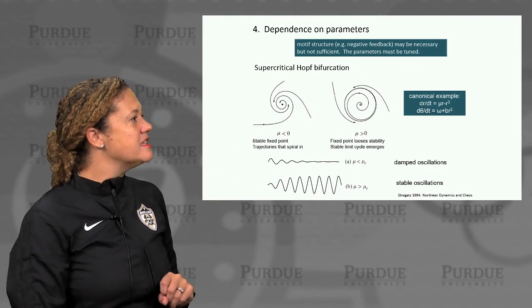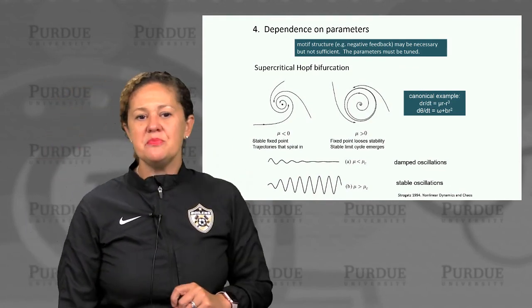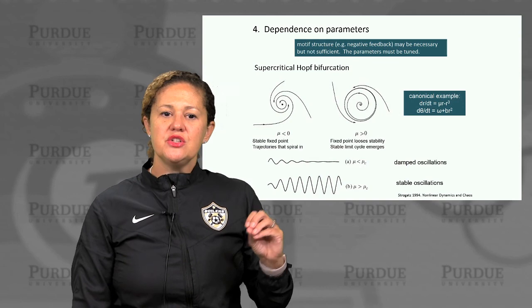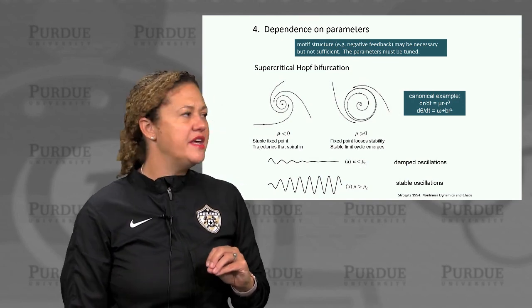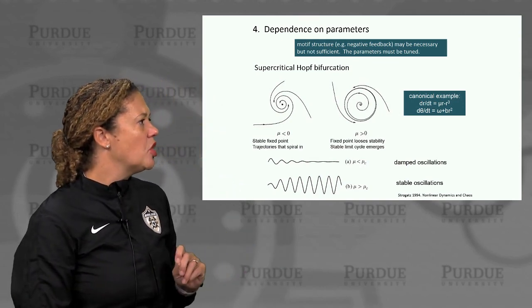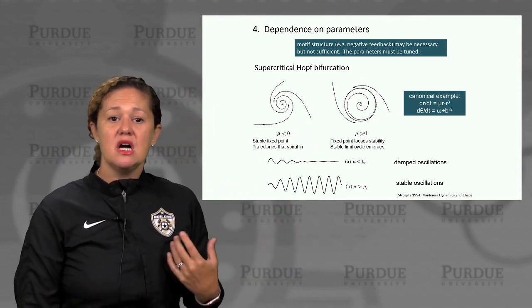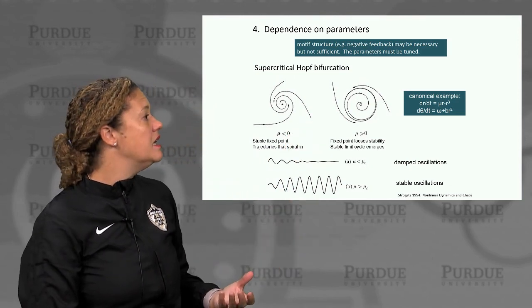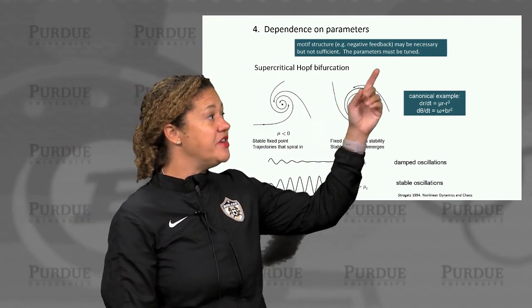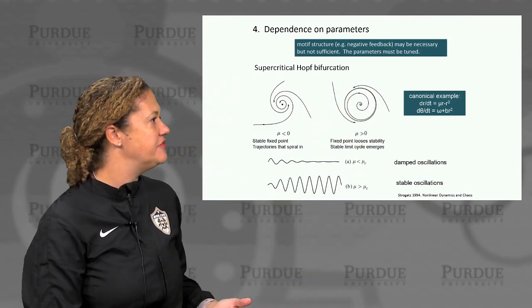So in this dependence on parameters, here we're going to go back to our limit cycle to think about this a little bit more. We looked at some motif structures that are important underlying our oscillations, such as negative feedback and different types of negative feedback.